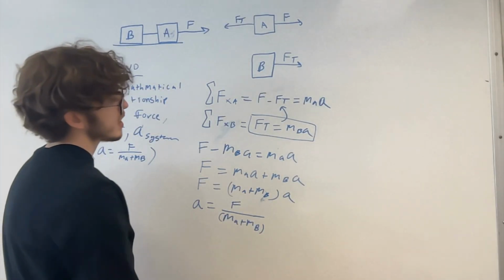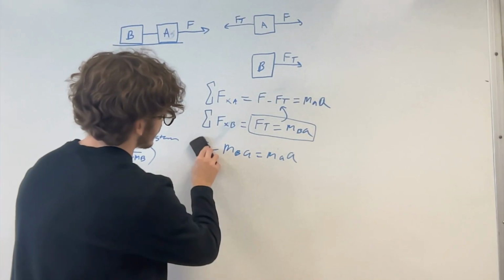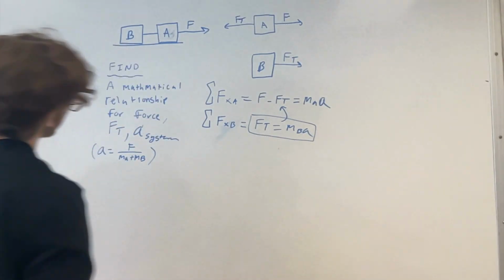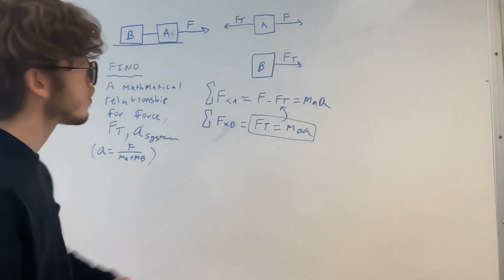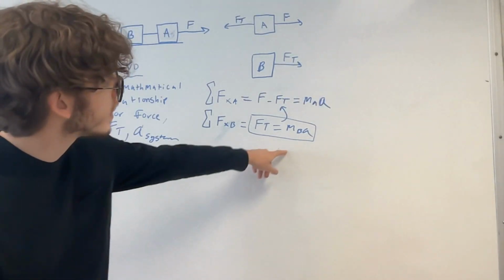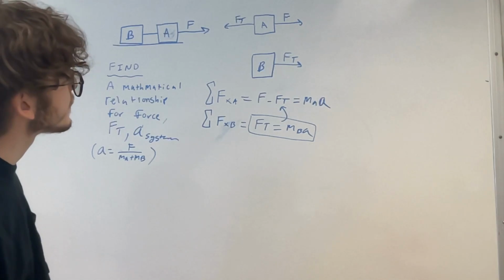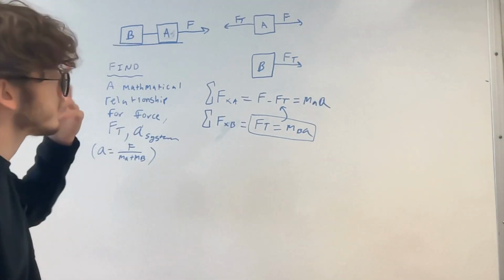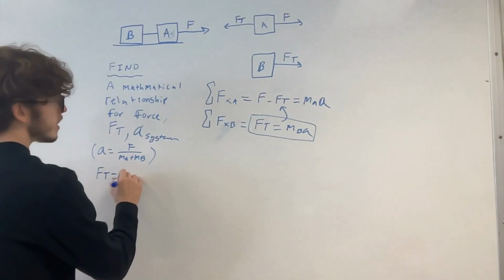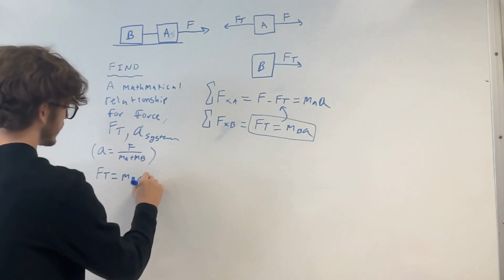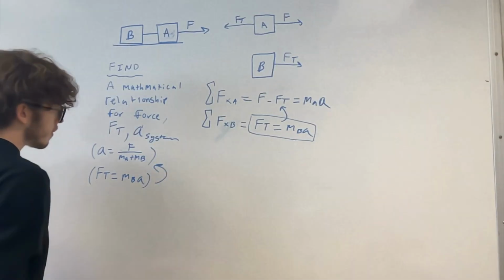All right, I'm going to erase this here so we can find some other variables. What shall we do next? Let's do force of tension. Now we could use acceleration to plug it in, and that's exactly how I'd go about it. So we'll say the force of tension in this case is equal to mass of B times acceleration. Now that we have acceleration, we can plug it in.